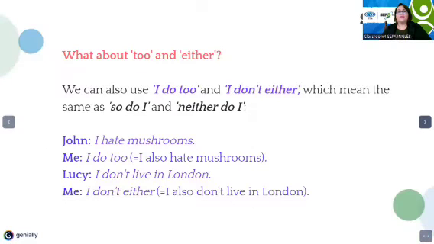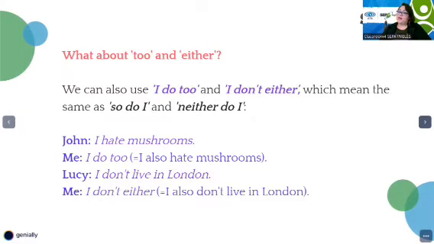What about too and either? We can also use I do too and I don't either, which mean the same as so do I and neither do I. These are equivalent, but what is different is the position in which they are used. Example one, I hate mushrooms.